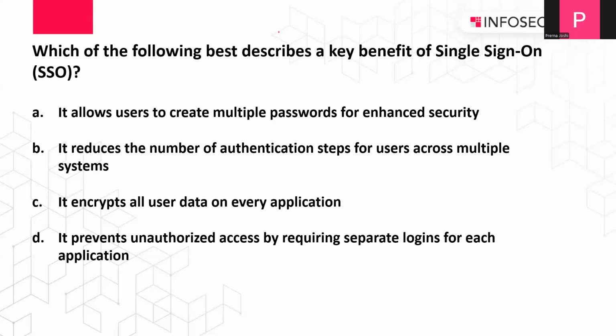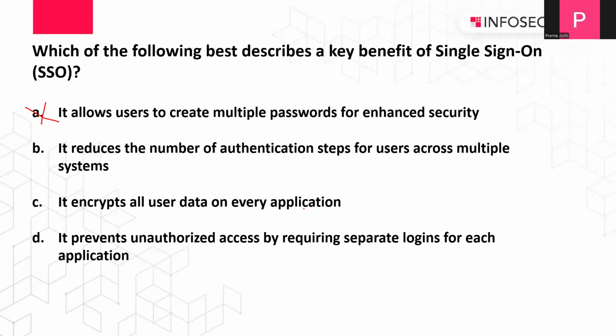Here, the question says, which of the following best describes a key benefit of single sign-on? So we have option A, which says it allows users to create multiple passwords for security. So no, this is not the correct option. I'm just cutting it. Then B says it reduces the number of authentication steps for users across multiple systems. Okay, that seems okay, so I'll keep it. C says it encrypts all user data on every application.